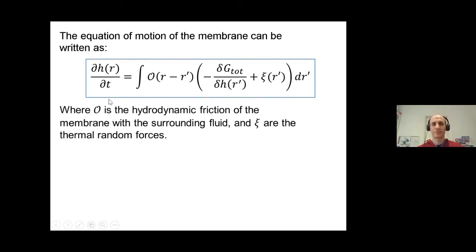So this big O stands for this hydrodynamic friction, which can be calculated analytically for simple geometries such as a flat membrane or a cylindrical membrane, but is of course more complicated and is not analytically solvable for a general shape.